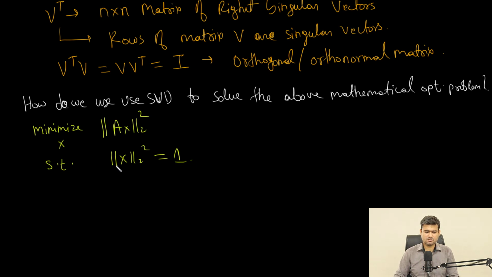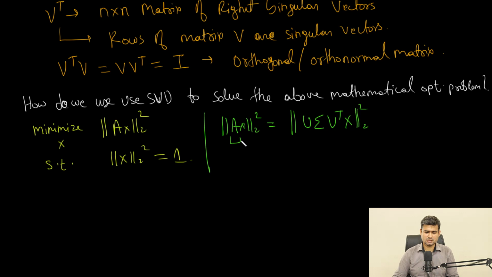We can use a singular value decomposition of the matrix A and write the objective function. So we can write the norm of Ax squared is equal to the norm of U sigma V transpose x, squared.